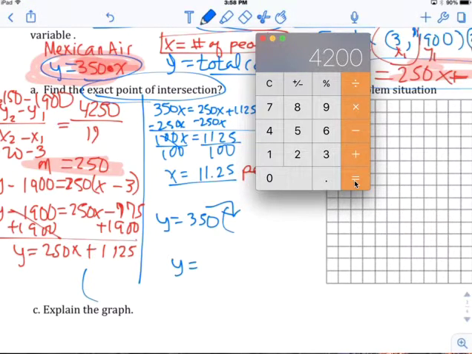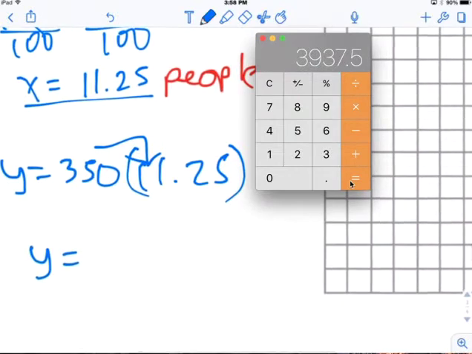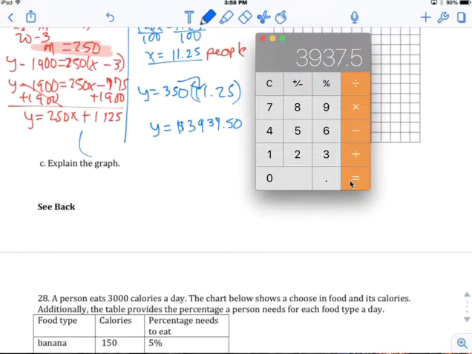I feel better. It's gonna cost you, see if we didn't round it, it's a lot. $3,937.50 for 11.25 of a person. Huh.